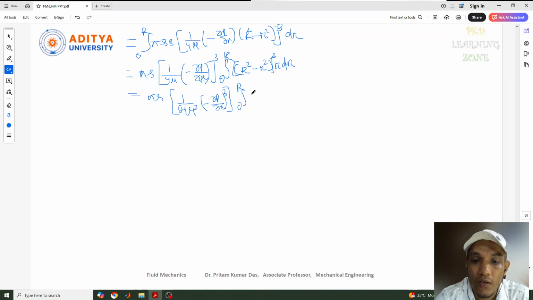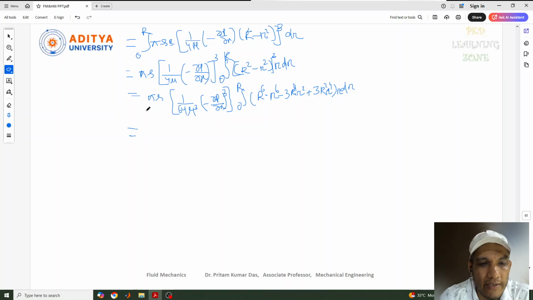We can write a minus b whole cube, a cube, so a cube will be like, a cube minus b cube, minus 3a square b, plus 3ab square, into r dr. Okay, this is a minus b whole cube we have taken here.